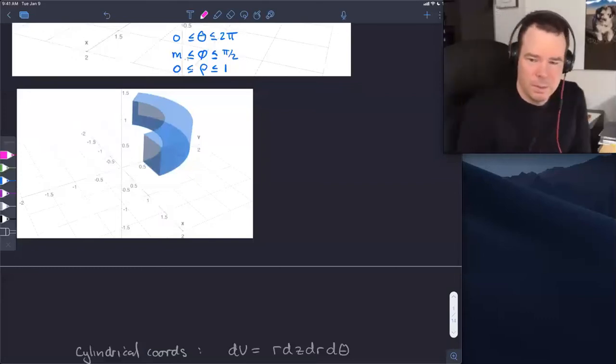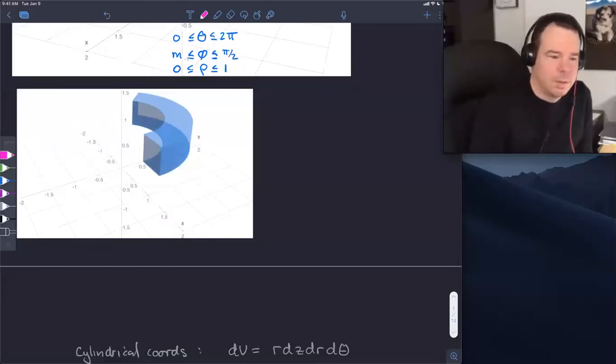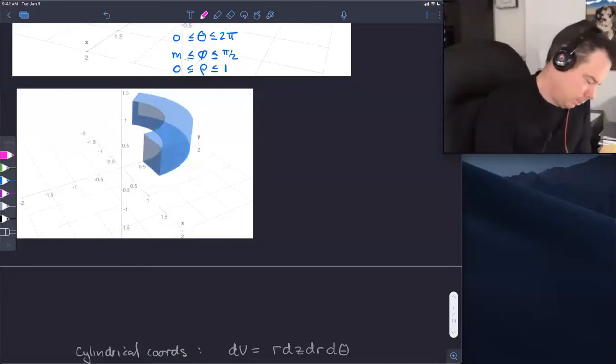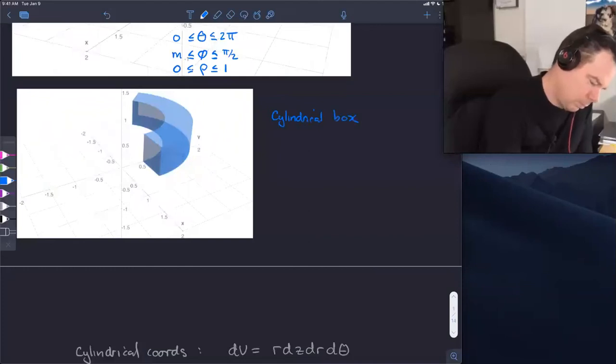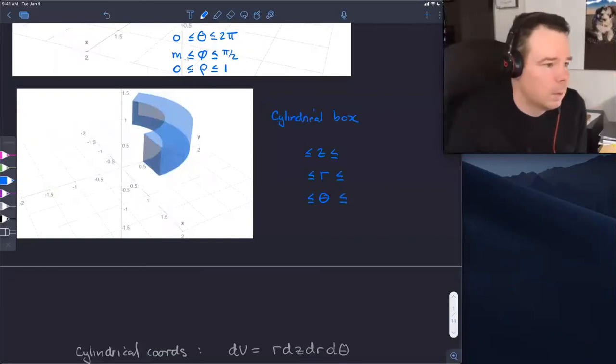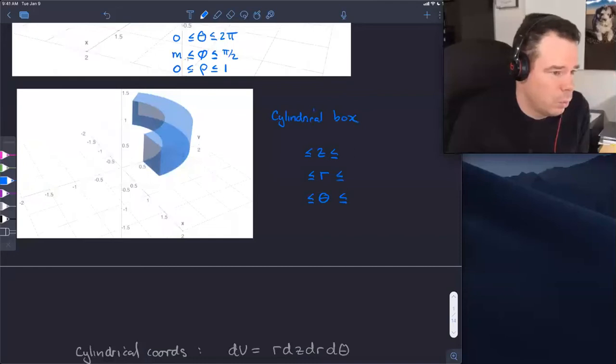Is this region a cylindrical box? Close the poll now in 3, 2, 1. And there we go. Poll is closed.